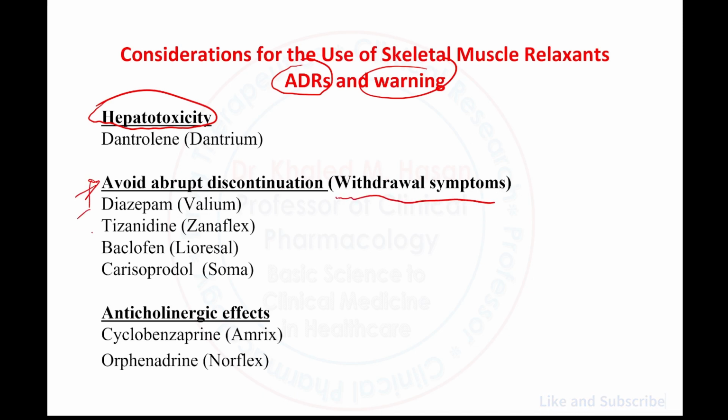We have diazepam, tizanidine, baclofen, carisoprodol. So for these medications, we recommend to stop gradually, not suddenly, because there is a risk of withdrawal symptoms. I will repeat it: diazepam, tizanidine, baclofen, carisoprodol. Which of these medications has the characteristic of anti-muscarinic, anticholinergic? We have cyclobenzaprine and orphenadrine, Norflex.